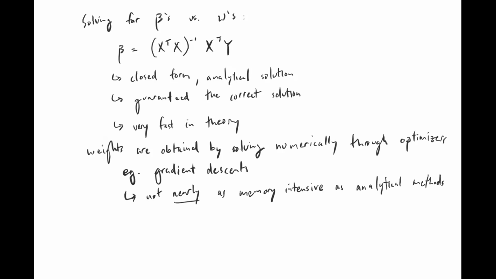That's one of the hallmarks of this: once you're dealing with really large data sets, you don't have to hold the inverse matrix in memory, which can be very large from a memory standpoint.